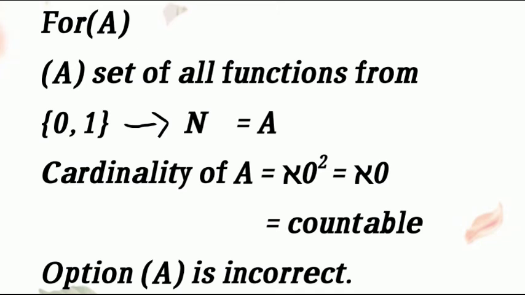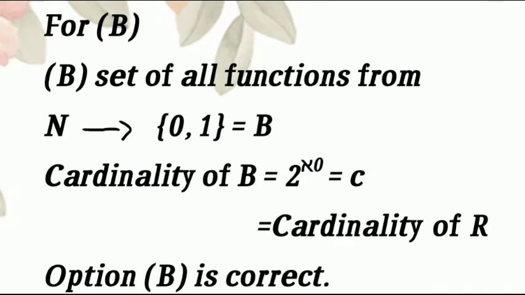Here the cardinality of the set of natural numbers is aleph naught, and the cardinality of the set {0, 1} is 2, and therefore the cardinality of the set of all functions from {0, 1} to N is equal to aleph naught squared, which is equal to aleph naught, and which is countable, which is not equal to the cardinality of the set of real numbers. Therefore option A is incorrect.